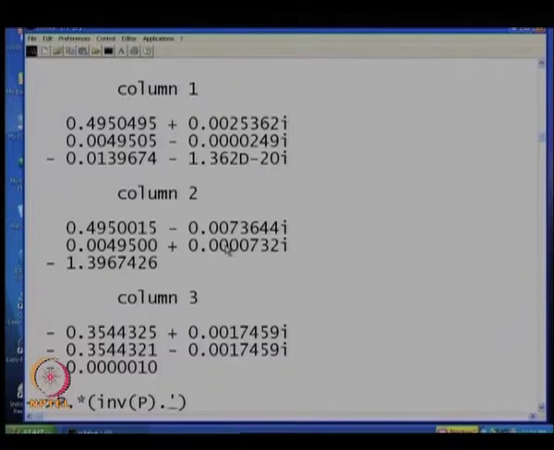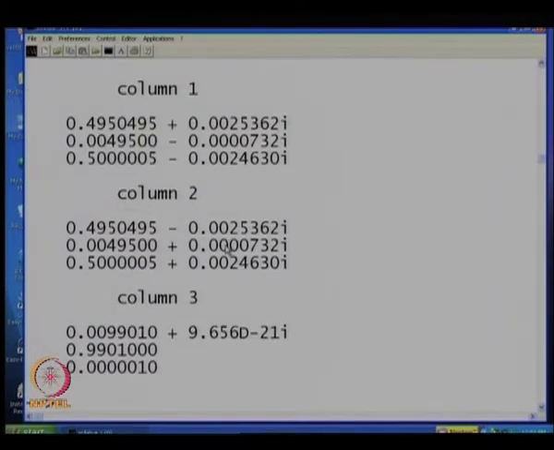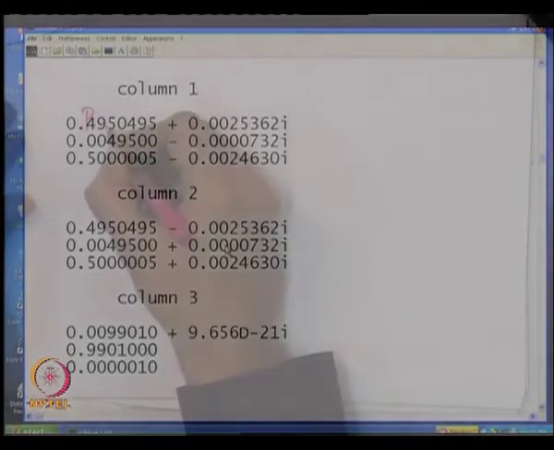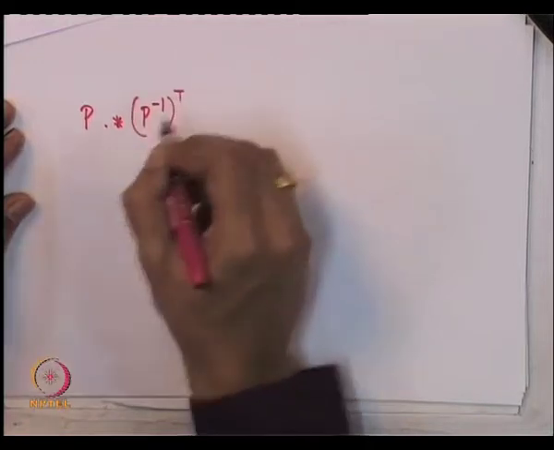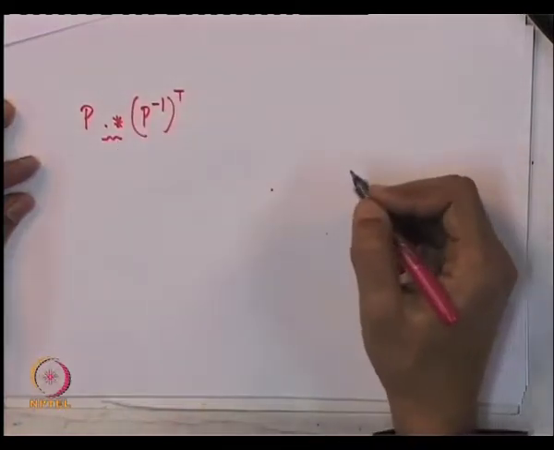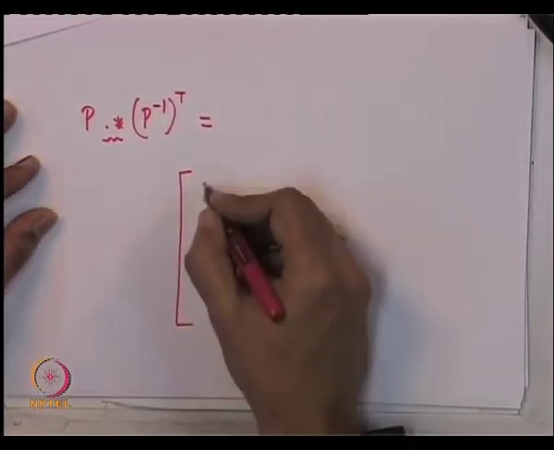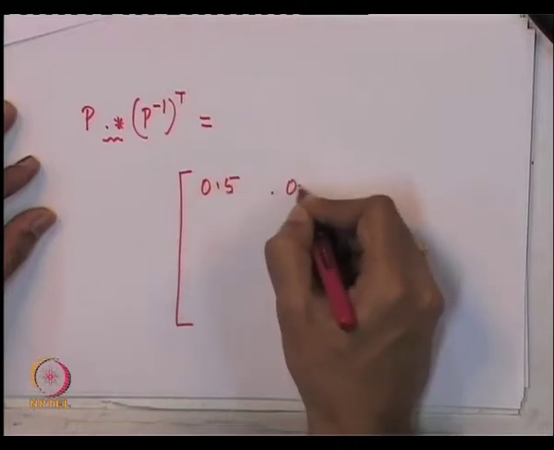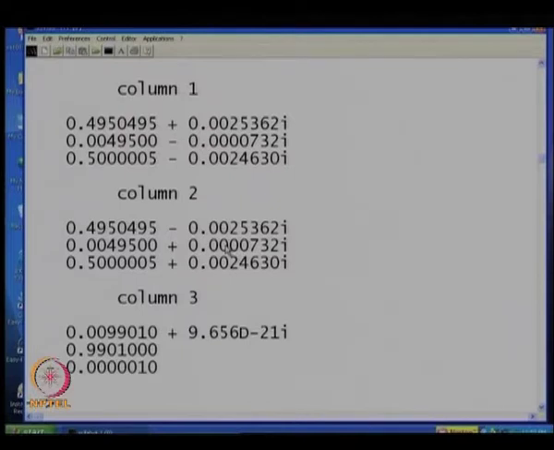So, we will use this command, P dot star inverse of P dot transpose. This is a transpose. What we have done is P dot star into P inverse transpose. This dot star implies an element by element multiplication. So, this is given by 0.5, 0.5, roughly 0, roughly 0, roughly 0, 0.99.